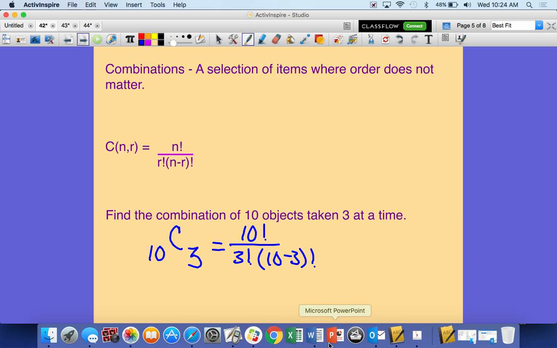So we end up with 10 factorial is 3,628,800 over 3 factorial is 6 times 10 minus 3 is 7 factorial.